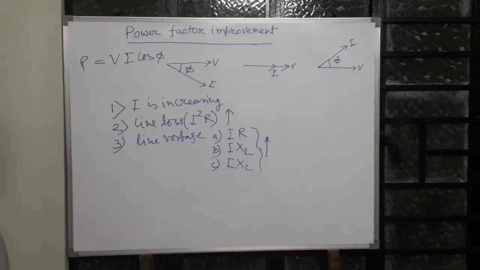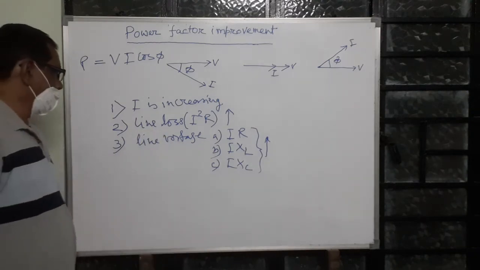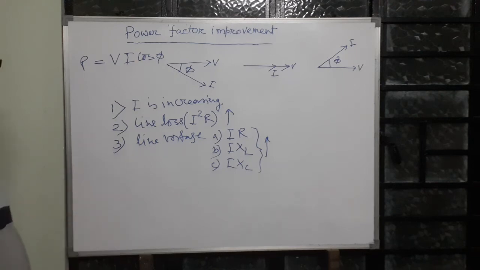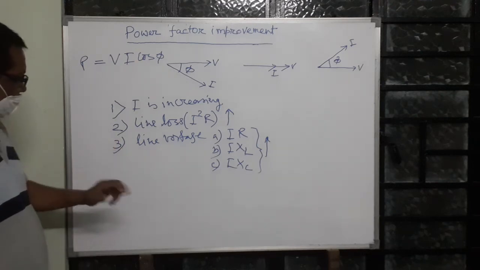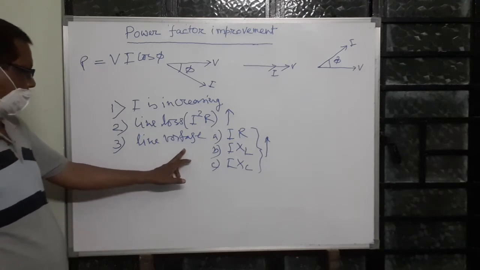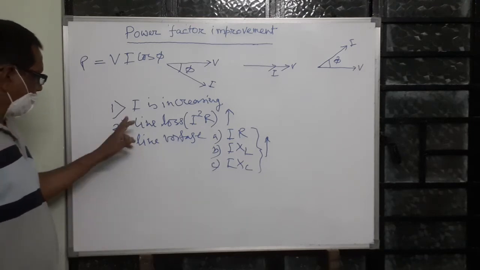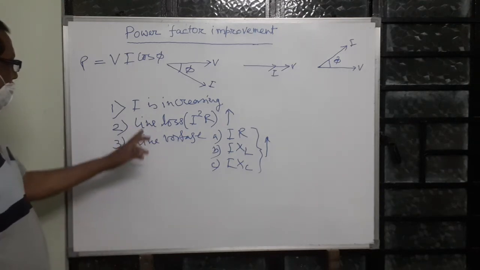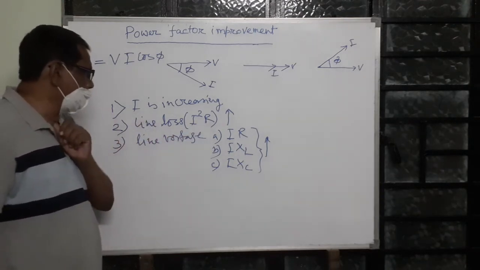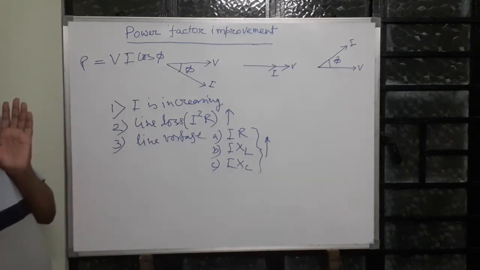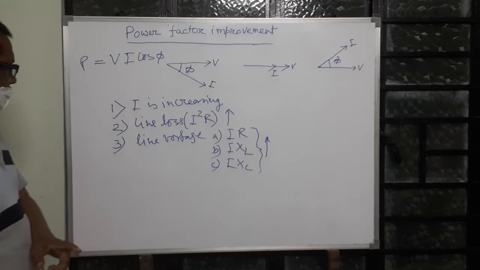Due to the increase in line drop, the receiving end voltage also decreases. That means the voltage regulation increases. Again I repeat, number 2, line loss. If the line loss increases, transmission efficiency decreases.